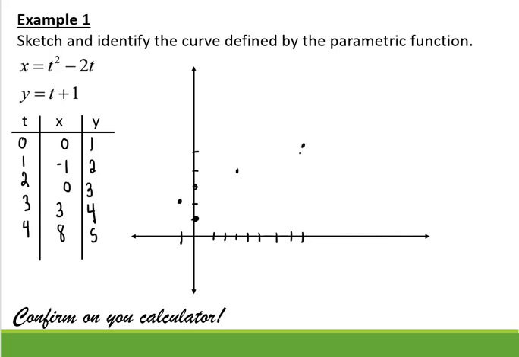Hopefully you see that the curve curves that way. Typically we put arrows on the curve, telling us which direction we are going. Remind me during class, and I'll show you how to confirm this and how to graph parametrics on your calculator. I just don't want to bring it up right now, trying to make a shorter video.